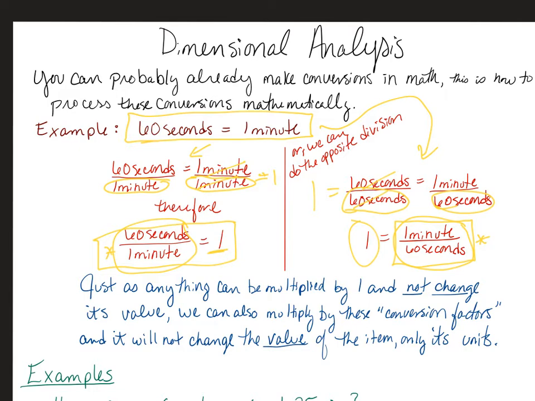So just the same way you can multiply anything by the number 1 and not change its intrinsic value, you can use these in calculations, and that does not change the value of these things. They're just conversion factors. So you're moving it from one type of unit to another.